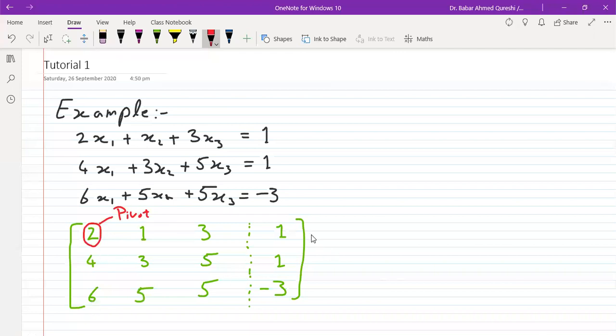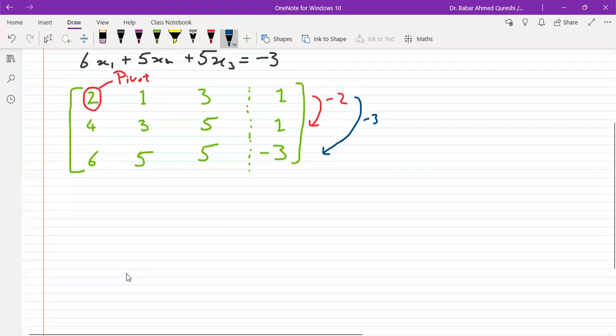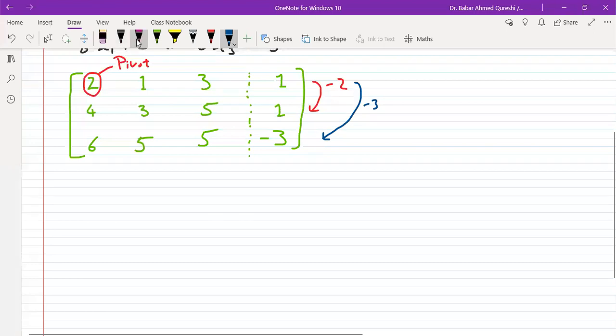That's the only goal which we have in the first step. So how can you do it? Multiply the first equation by -2 and add it to the second. And if I multiply the first equation with -3 and add it to the third, that will bring out zeros below the first two. So let's just do that.